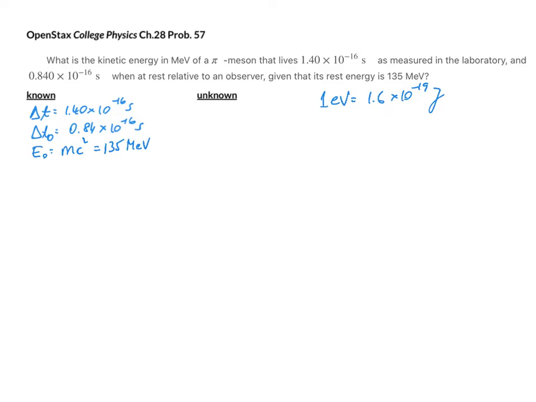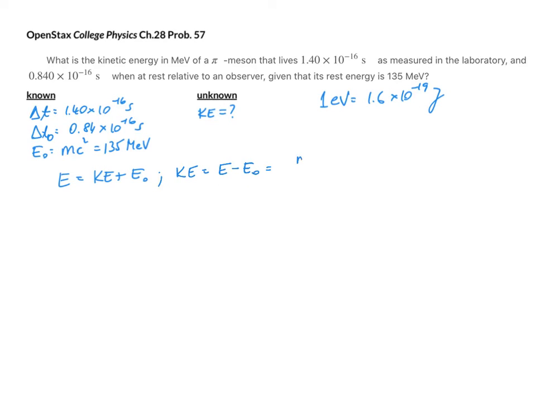Now the question is, what is the kinetic energy in mega electron volts? So the unknown is the kinetic energy. So remember that the total energy is kinetic energy plus rest energy. So that means that the kinetic energy is total energy minus rest energy.